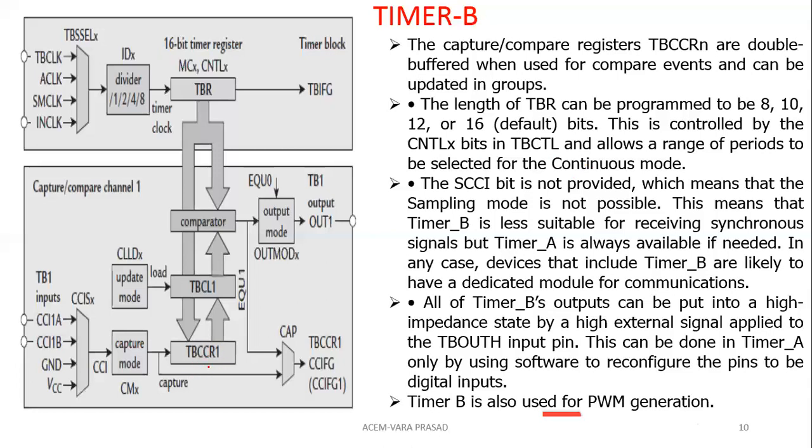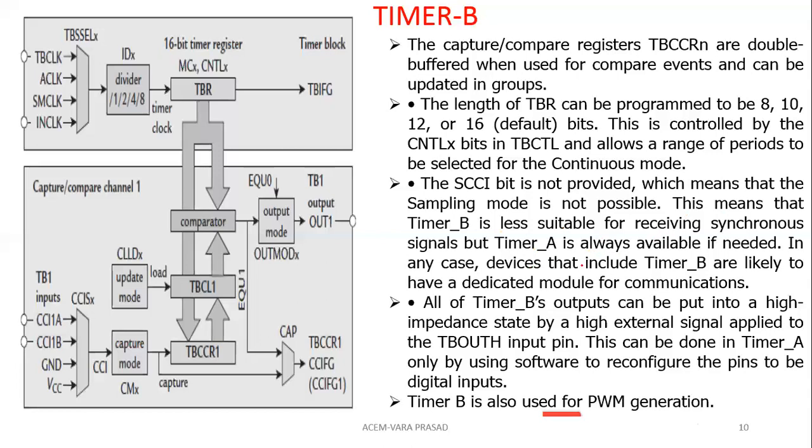Then the SCCI bit is not available, whereas in Timer A it is available. SCCI means synchronized capture compare input. Its absence means sampling mode is not possible, so Timer B is less suitable for receiving synchronous signals, but Timer A is.